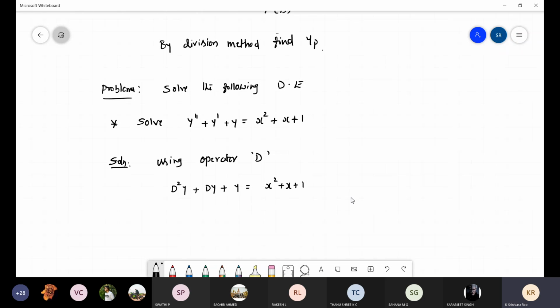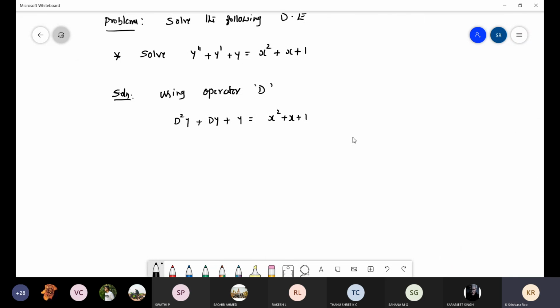Now take y common: D square plus D plus 1 into y equals x square plus x plus 1.